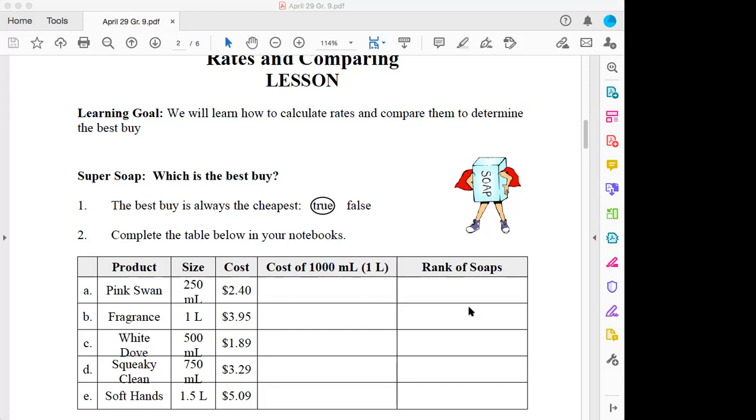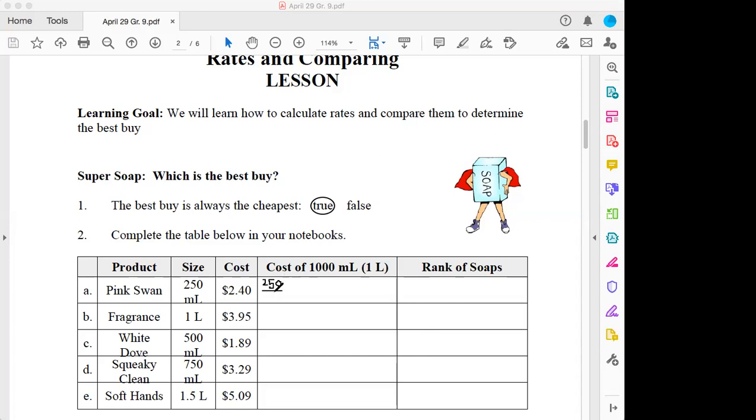What we're going to do is compare the cost of 1 liter, so 1,000 milliliters. Here it tells you each. If we look at Pink Swan, we've got 250 milliliters, and to get it to 1,000, we're going to do it as a fraction.